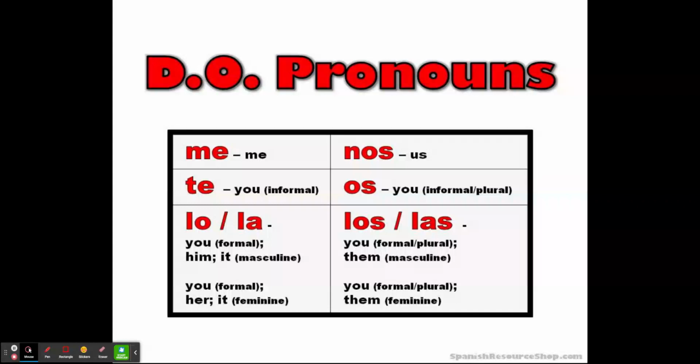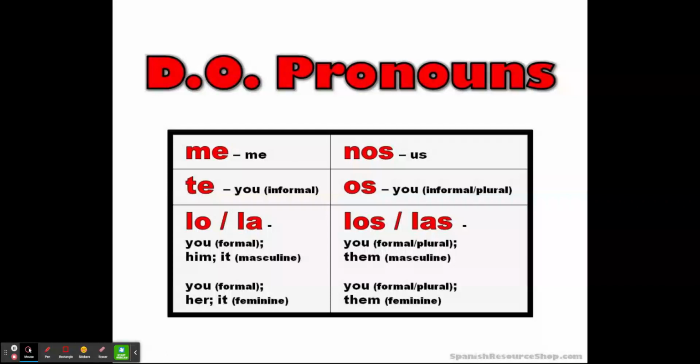Me is, yeah, it is me. And then te is when the direct object pronoun is tú. And then lo, la, you can use for him, her, or when the direct object is usted. Él ayuda a usted. You can use it if the person you're helping is masculine.